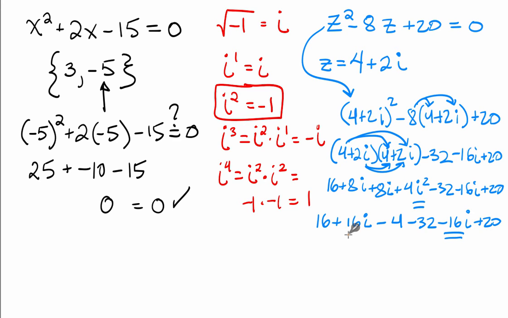Looking for like terms, we see there's positive 16i and negative 16i. That cancels to 0. And further we have 16 minus 4, that's 12. Subtract 32, that's negative 20, plus 20. Altogether 0. So we've shown that z equals 4 plus 2i is a solution of this quadratic equation.